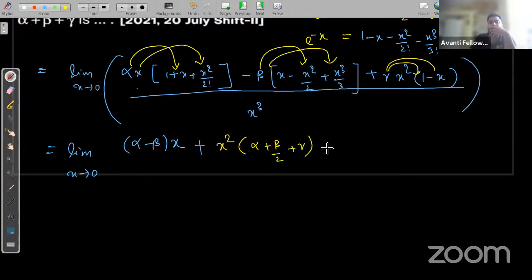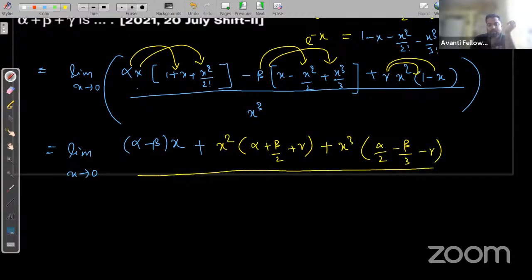Then we will take x cube as common: alpha by 2 factorial, minus beta by 3, minus gamma, divided by x cube. So this is what we are getting now.